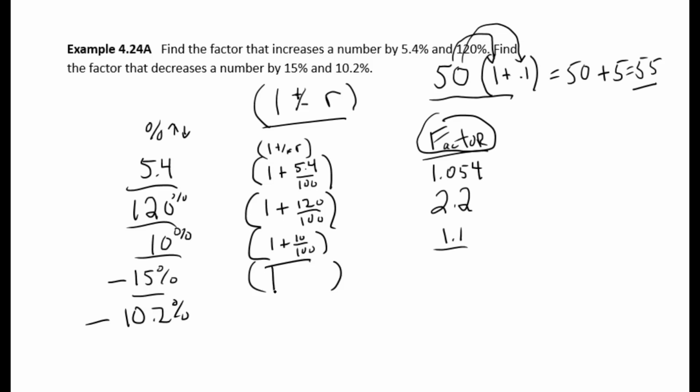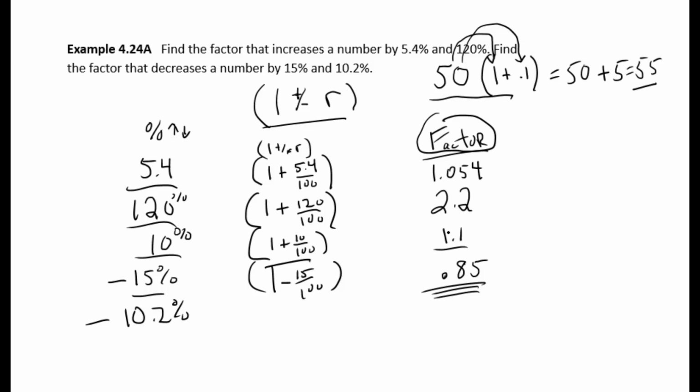So this is 1 minus 15 over 100. And if you put that in your calculator, you're going to get 0.85. Notice this number is less than 1. And when you multiply a number by something less than 1, you're going to decrease the original number.